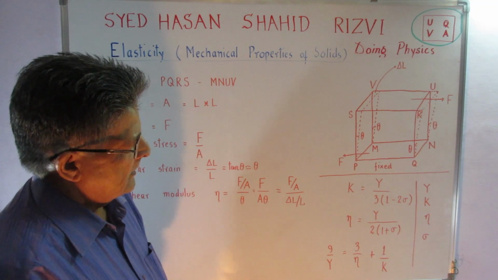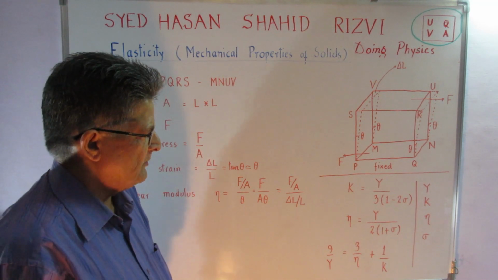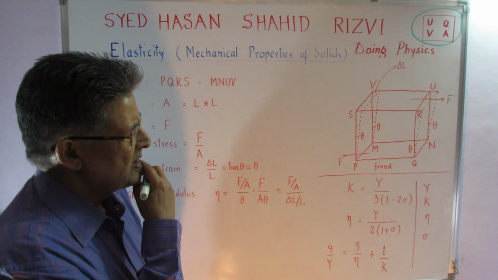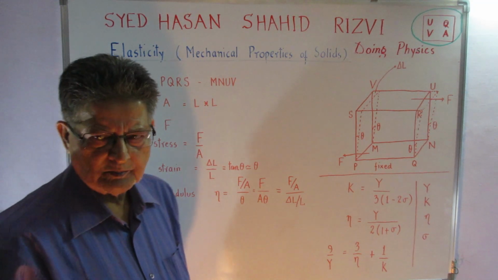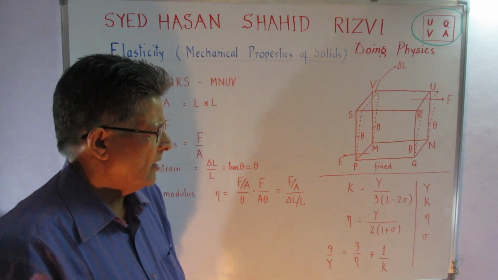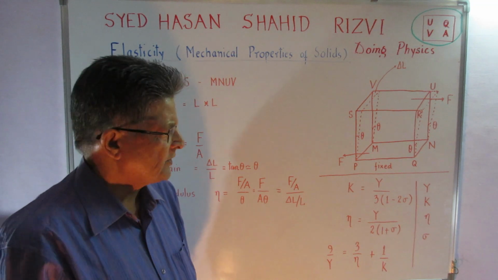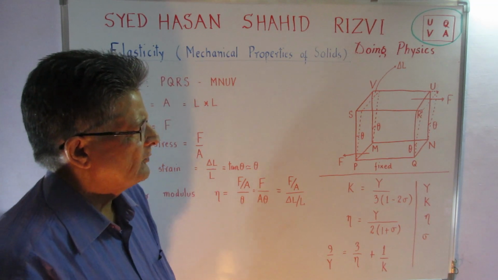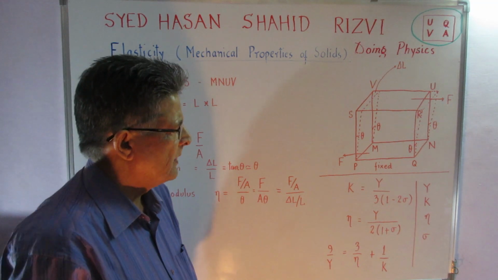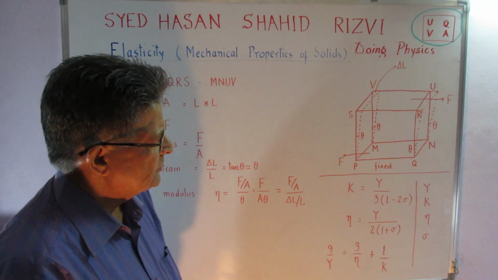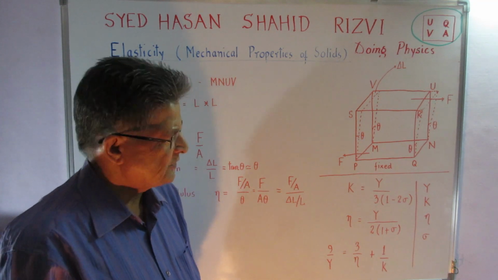In understanding the shearing, I have taken a cube kind of a thing. We could take a rectanguloid also, it doesn't matter, and in the cube all the faces have the same side lengths and also the same areas.